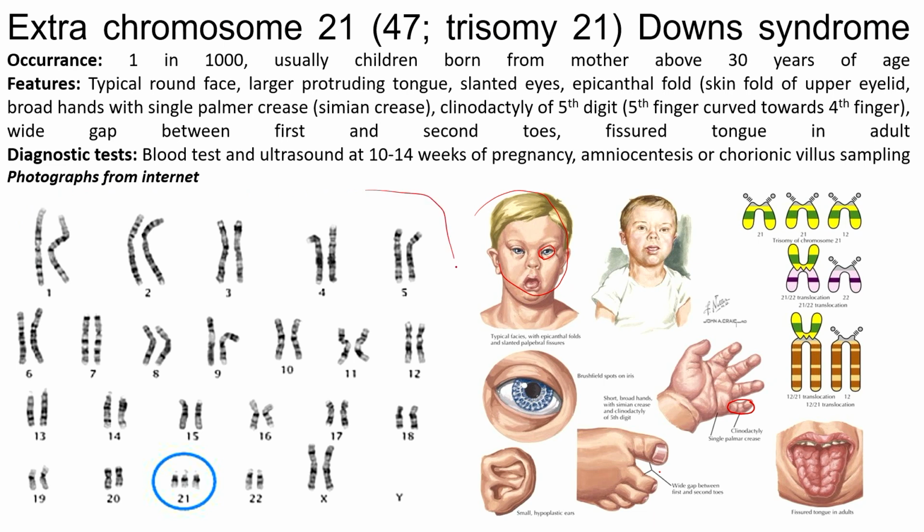This is the karyotype, and in this karyotype you can see that you have 3 chromosome 21. So chromosome 21 is in 3 copies, that is, an extra copy.